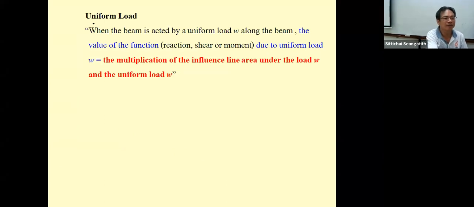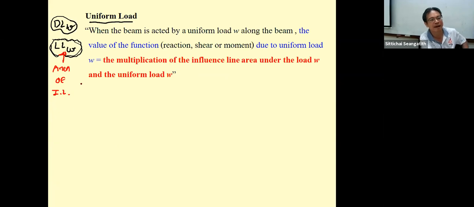For the uniform load, again, there are two things: uniform load and dead load. This one is going to be put along the length of the girder. And for this one, it depends on the shape of the influence line, and it is going to depend on the area of the influence line.